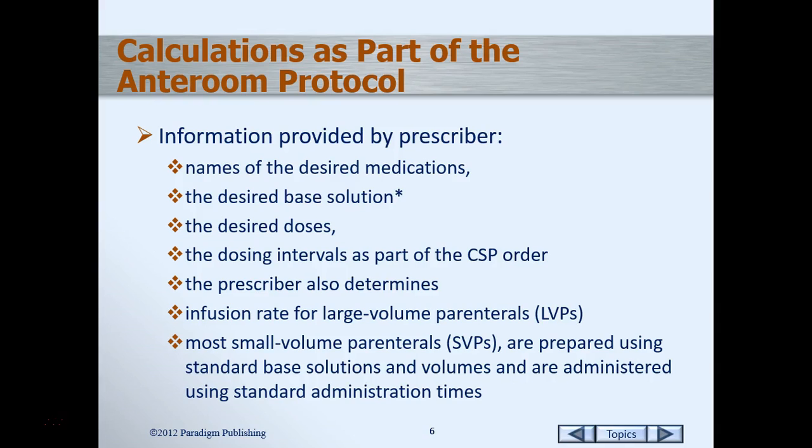The desired amount, or the dose the physician wants, the interval, so is it given once a day, is it given every 24 hours, twice a day, every 12 hours, every 4 hours, and things such as that. The prescriber also determines the infusion rate for large volume parenteral, but note that most small volume parenterals are just administered over a standard amount of time, like infuse over 15 minutes type of thing.